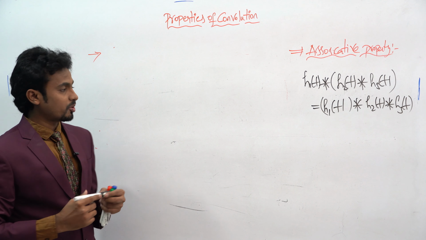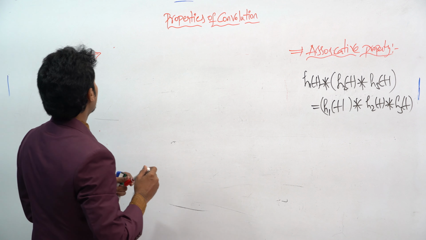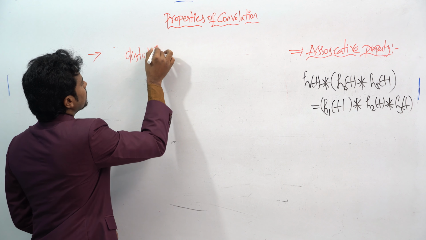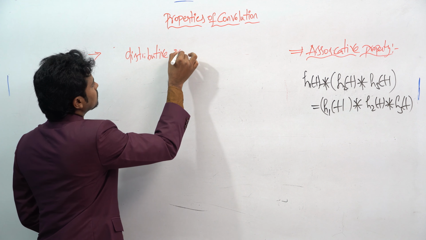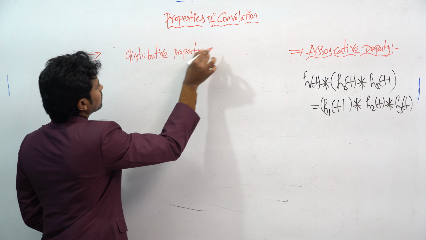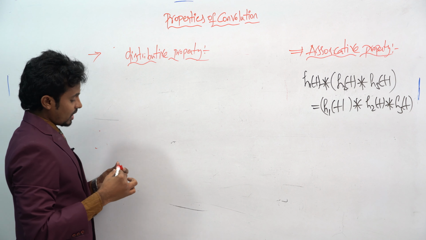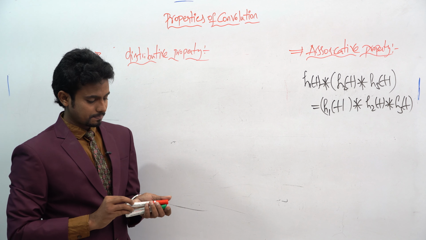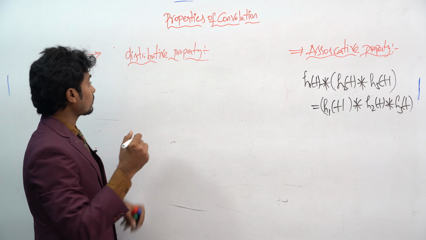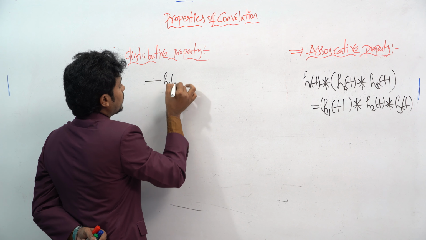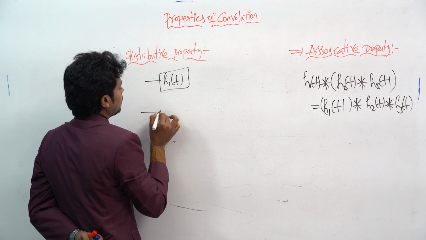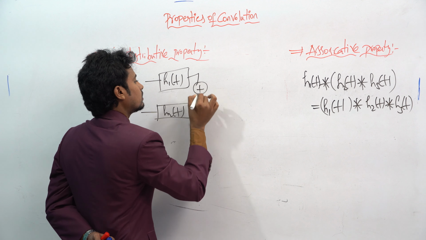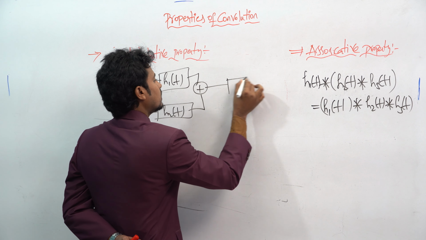The next property is the distributive property. Okay, in the distributive property, if you draw a diagram like this, this is the h1 of t, and here this is the h2 of t, and here the plus symbol, and here this is the h3 of t.